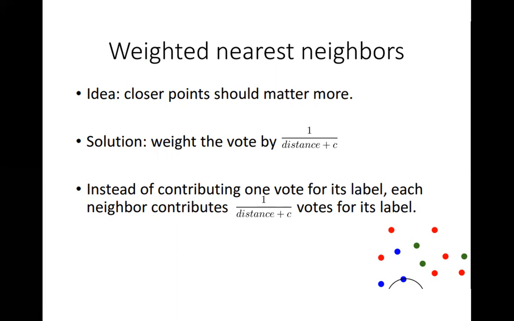To add this weight, we need some metric or logic, right? One way is that the weight is the inverse of the distance between those 2 points, between the query point and the neighbor. If the distance is more, obviously the weight will be less. So we take the inverse of the distance between the query point and the neighbor.